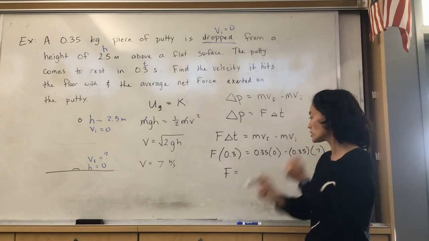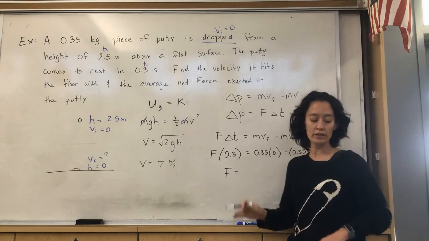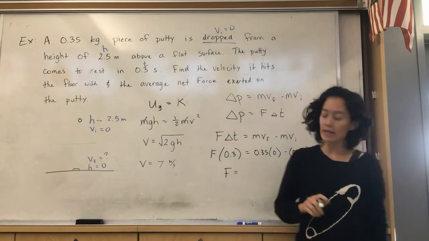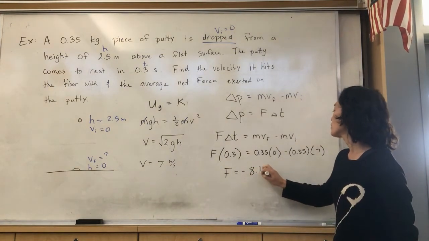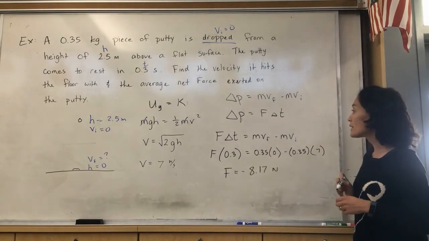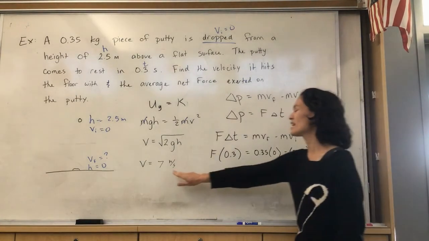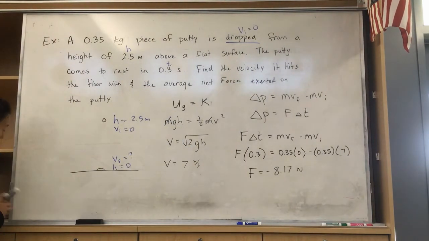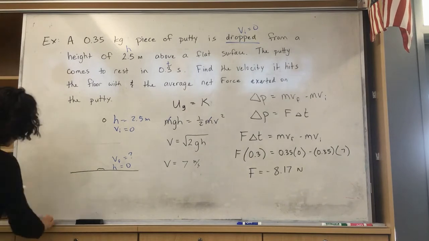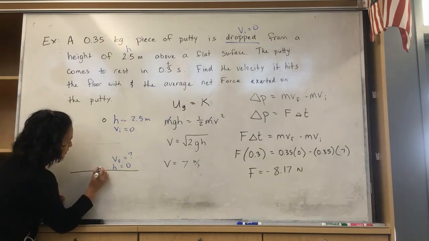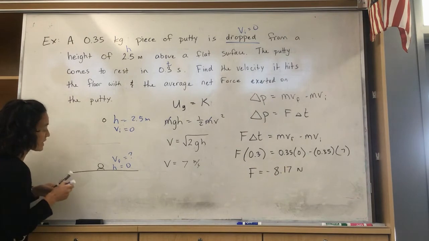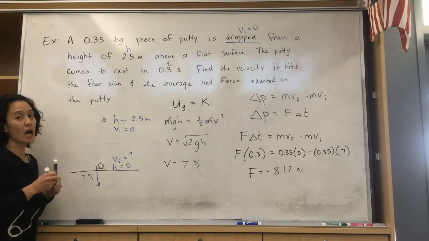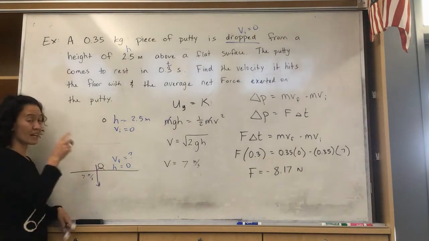Again, you're going to be good students. You're going to pause the video, get out your handy dandy calculator and solve for the force. I get that it is negative 8.17 newtons. The reason it's negative is that I said it had a downward velocity of 7 meters per second right here, and I call that positive.